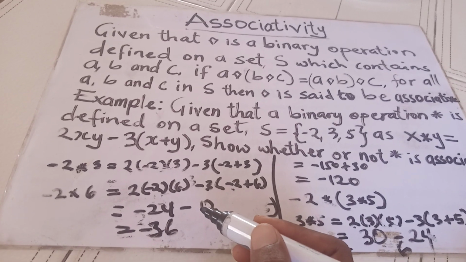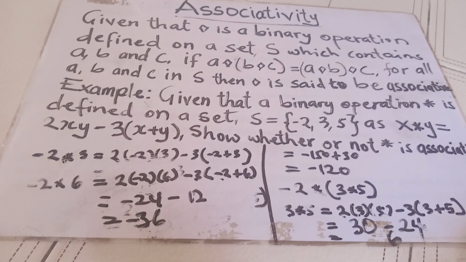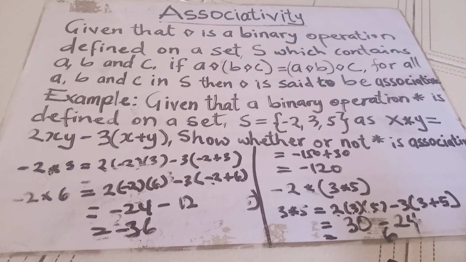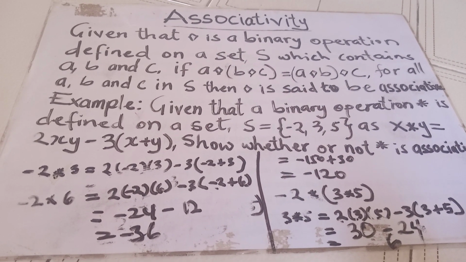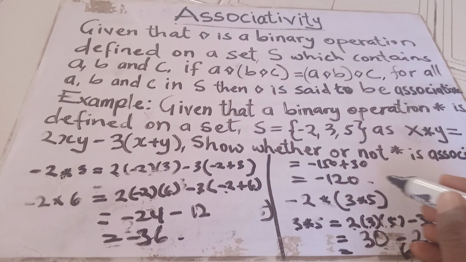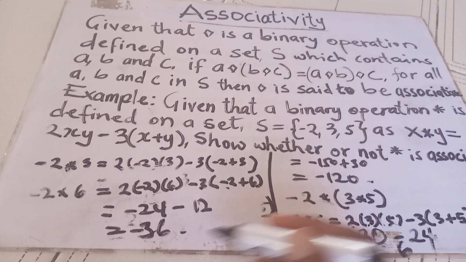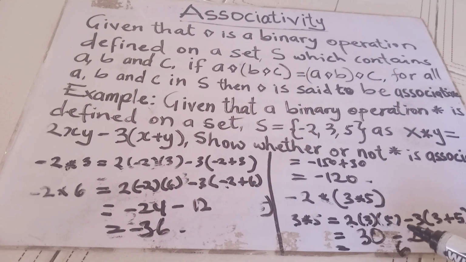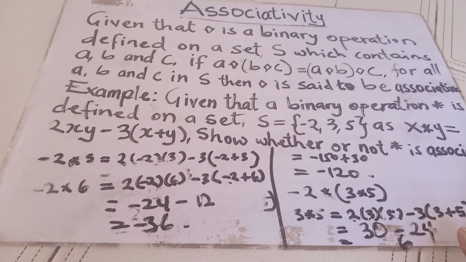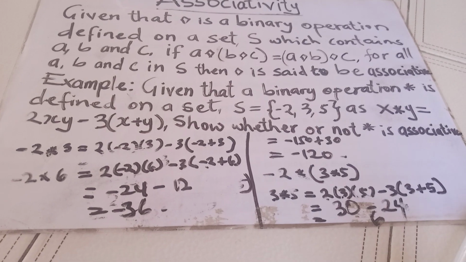Looking at the two ways of changing the position of numbers, we have gotten different answers. This shows that the binary operation is not associative. If we were to get the same answers when exchanging the position of numbers, we would have said that the operation is associative.